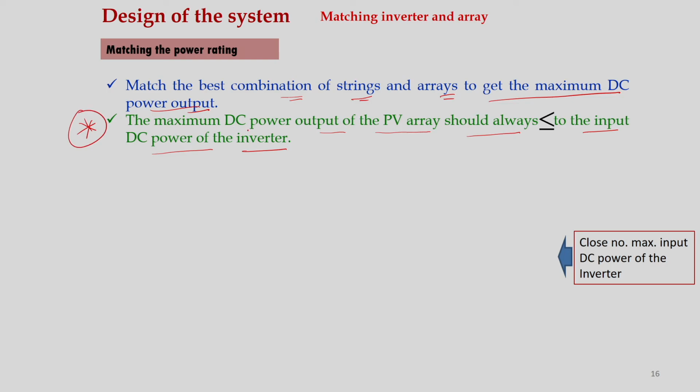So, you have these PV arrays, and we have calculated the maximum power output, I will write P max, and that DC power is always less than the input power of the inverter. In our case, the input power of the inverter is 280.